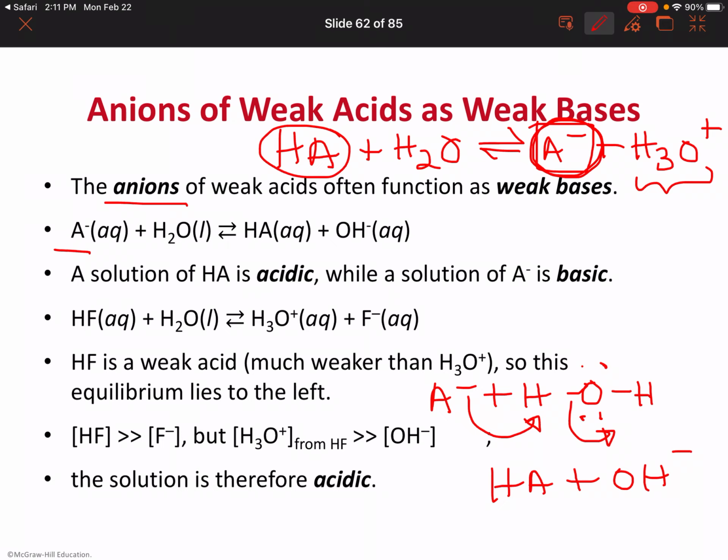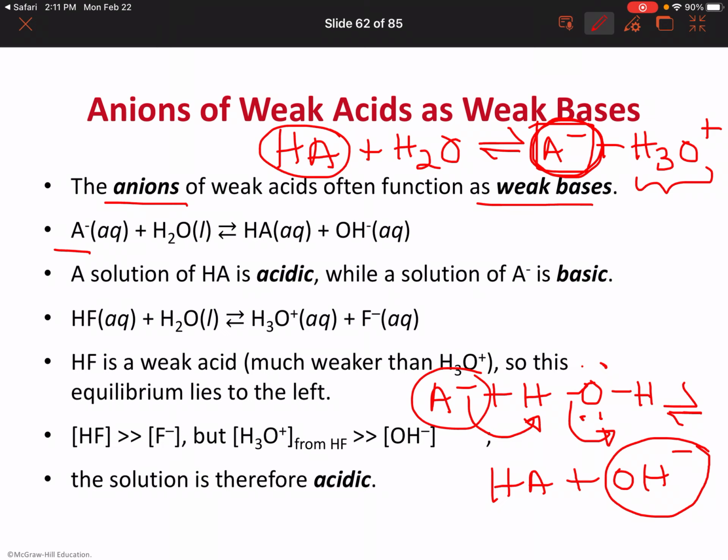Now this process, the anion reacting with a water molecule, gives you hydroxide ions in the water that make it basic. That's what it says: the anions of weak acids often function as weak bases.